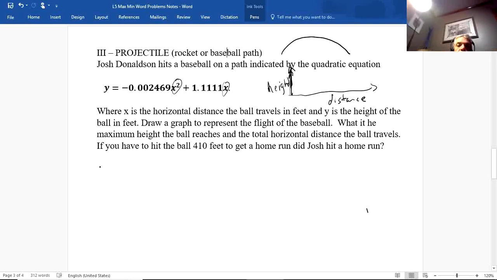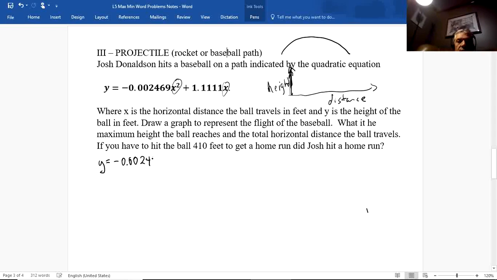So what I'm going to do is rewrite my equation here: y equals minus 0.002469 x squared plus 1.1111x, okay? Now, I'm going to factor out this number here, minus 0.002469 and an x.